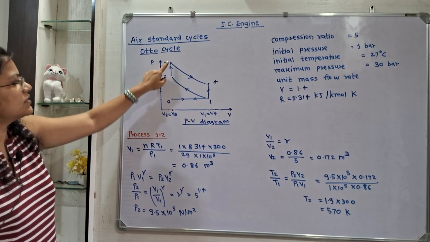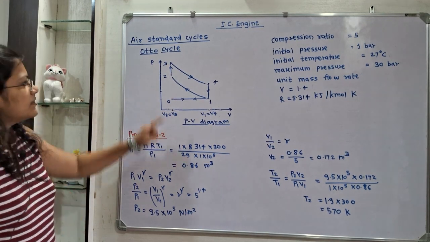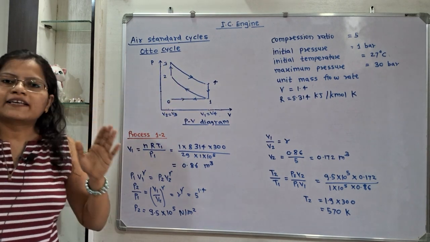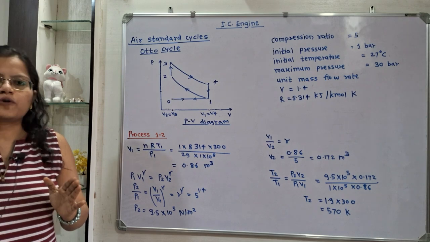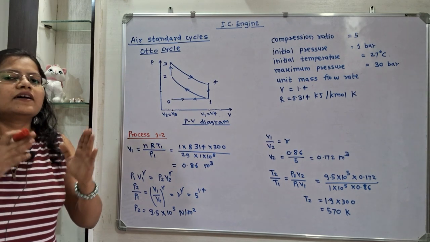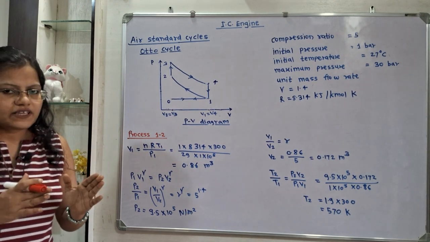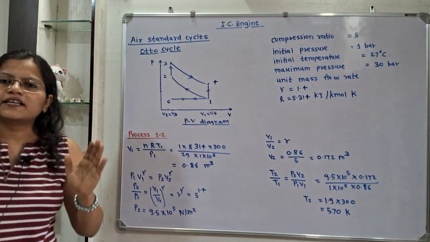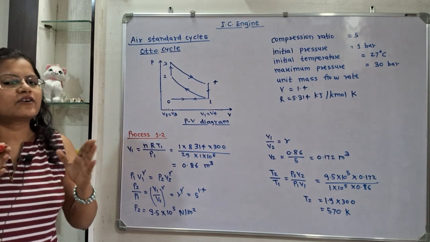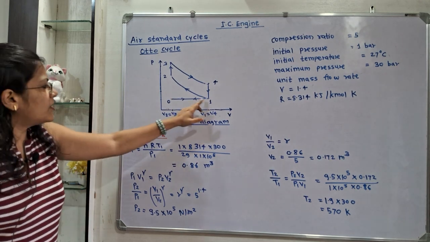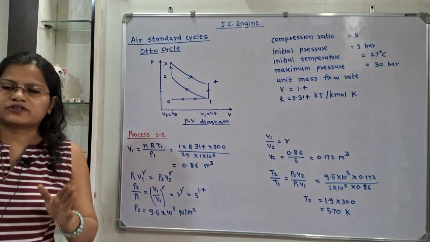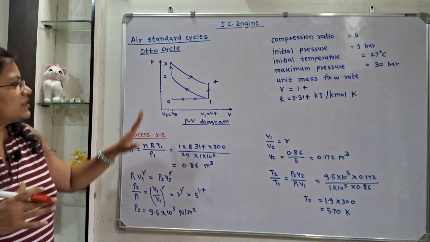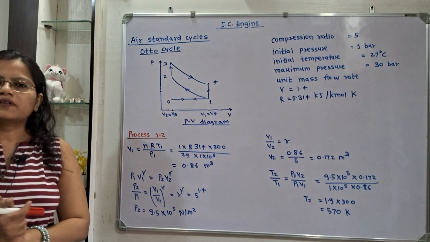Then 3 to 4 is the isentropic expansion process where the entropy of the air remains constant, and 4 to 1 is the heat rejection process at constant volume, and 1 to 0 is the exhaust process. So this is the pressure volume diagram.